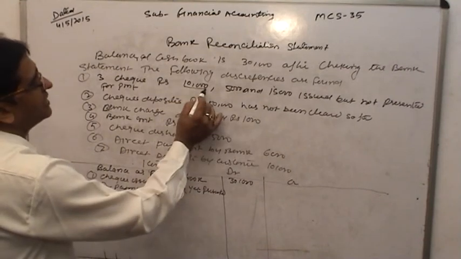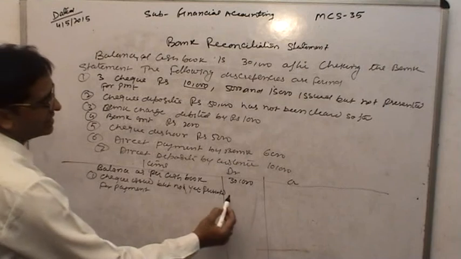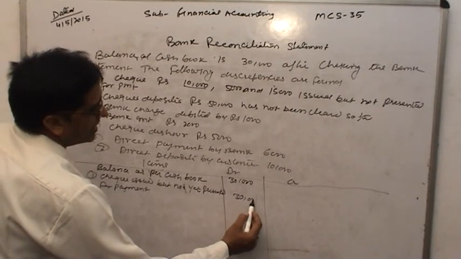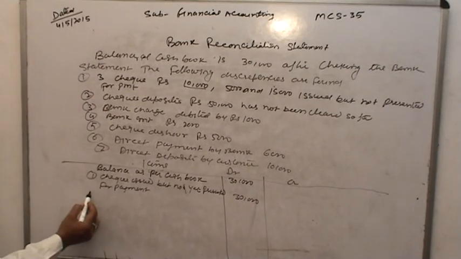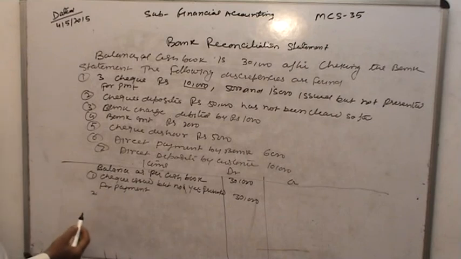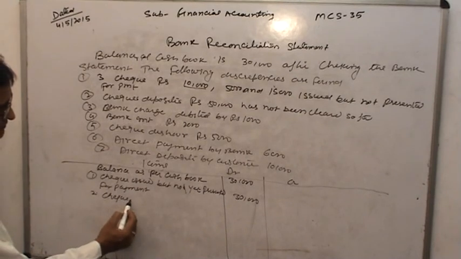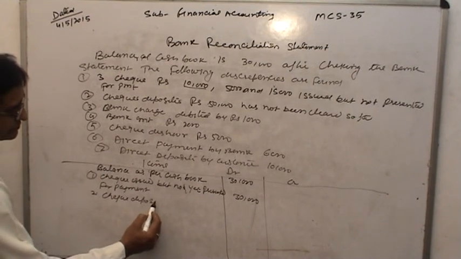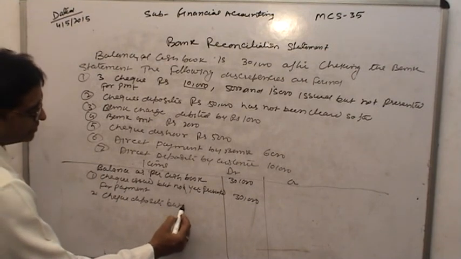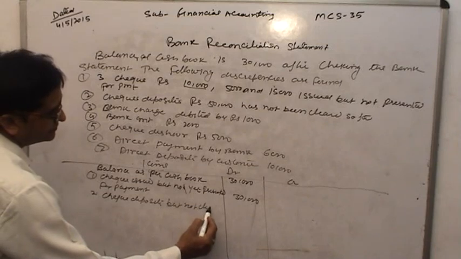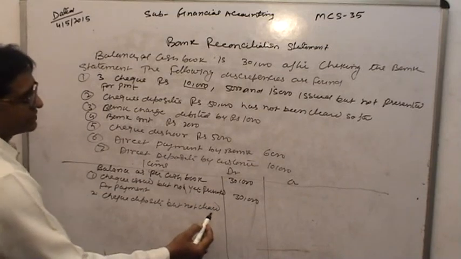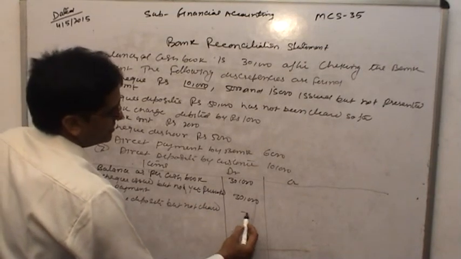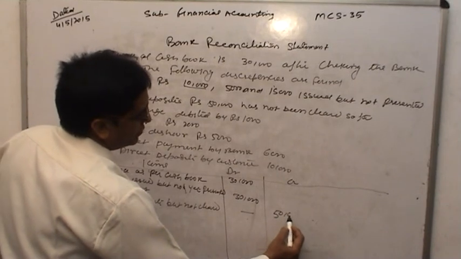Total of these three, 15 plus 15, 30,000, and it should be debited. Then check deposited but not cleared, rupees 50,000 in credit.